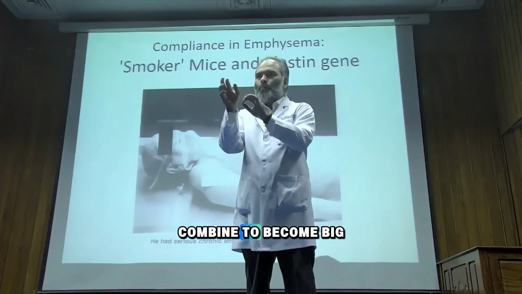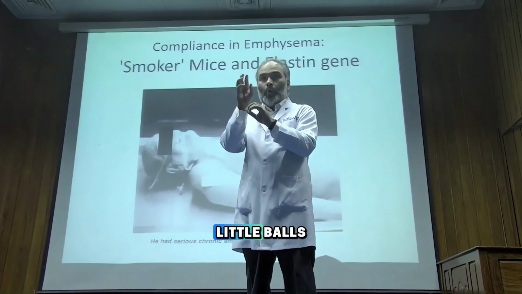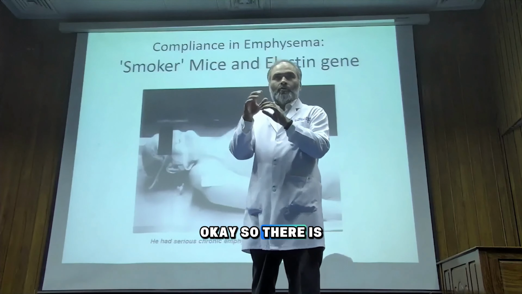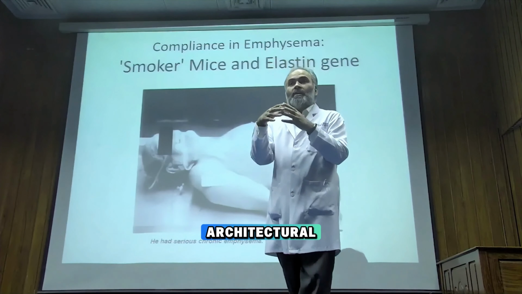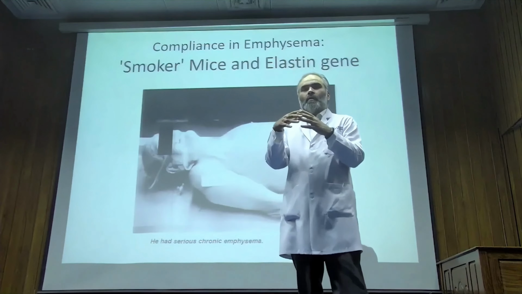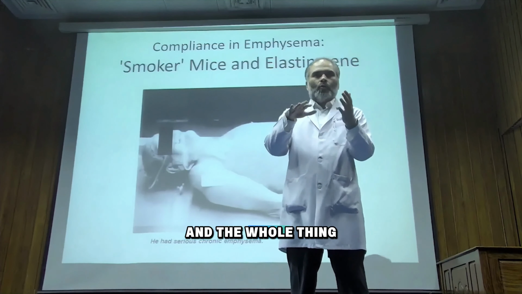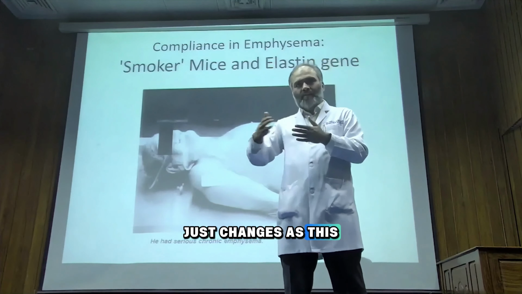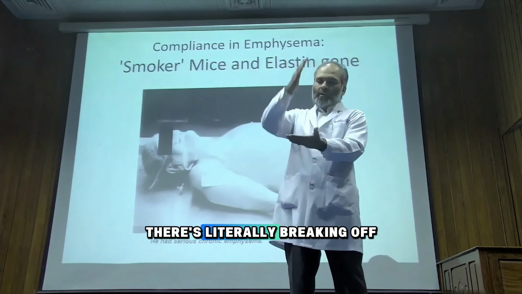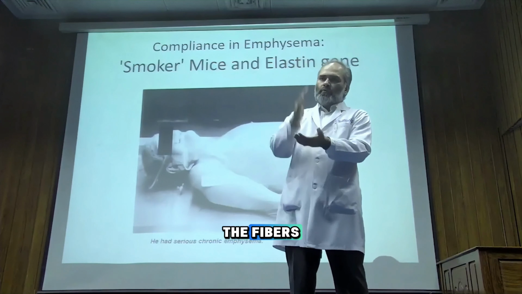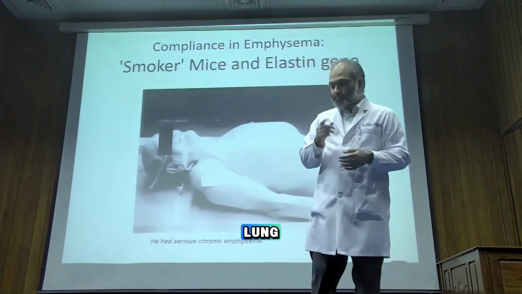They combine to become big balls. So bad things happen to the architecture, and the whole thing just changes as this disease goes along. There's literally breaking of the fibers, the architecture of the lung.